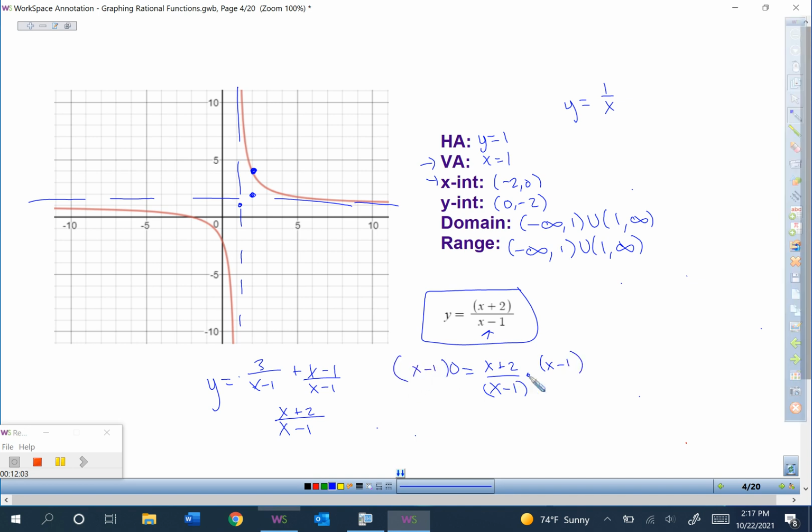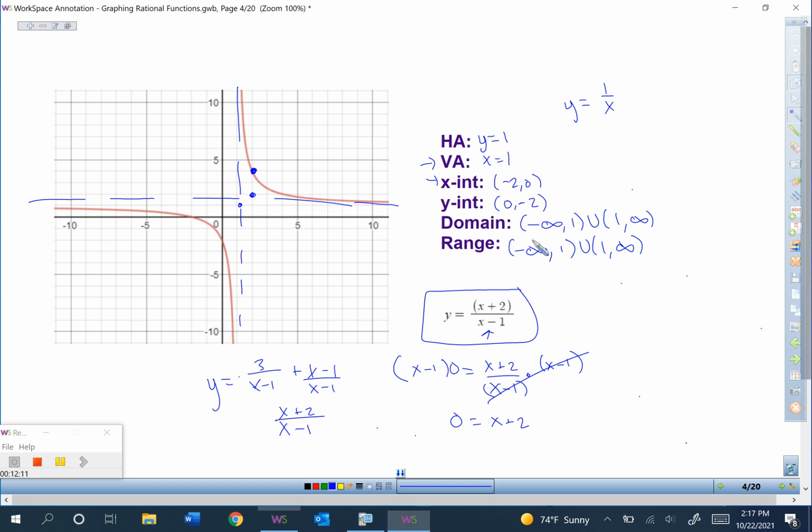And what's nice about this equation is when I multiply that over, it's times 0, which means just 0 is happening. And that x plus 2 is directly related to the x-intercept because that denominator cancels out. So these two things, you're going to see the opposite of the vertical asymptote in the bottom, and you're going to see the opposite of the x-intercept in the top.